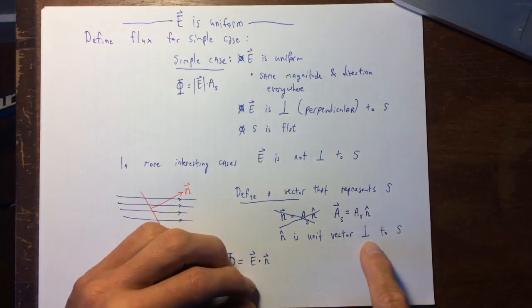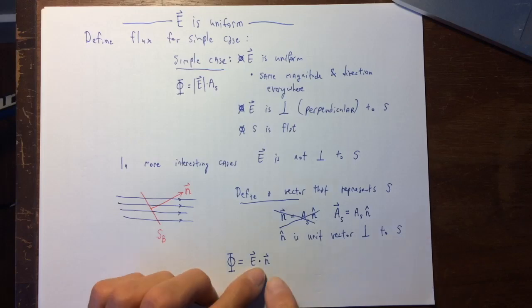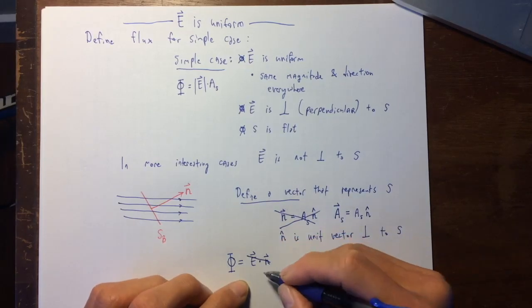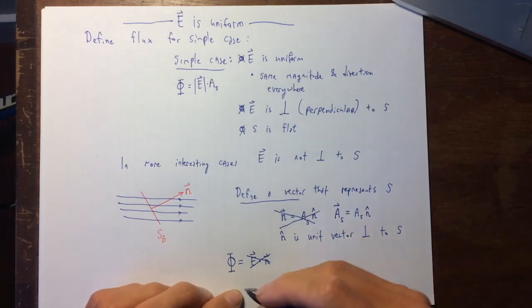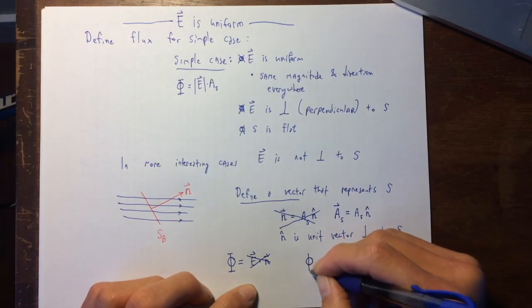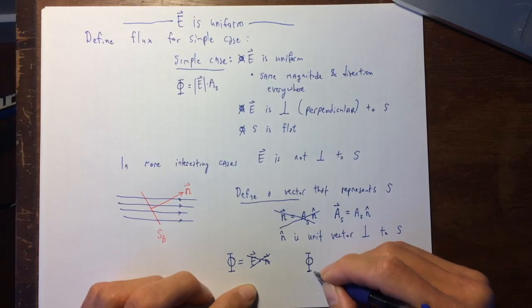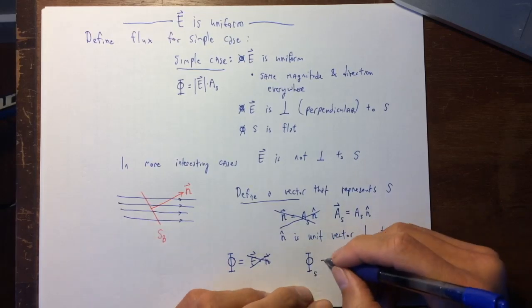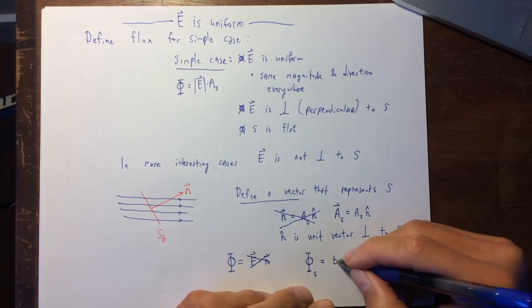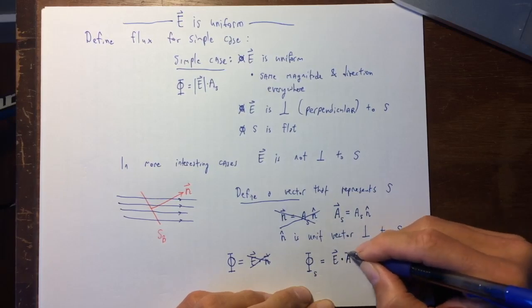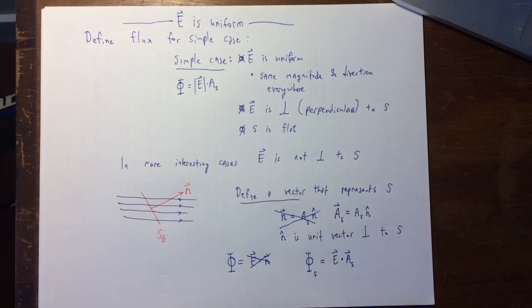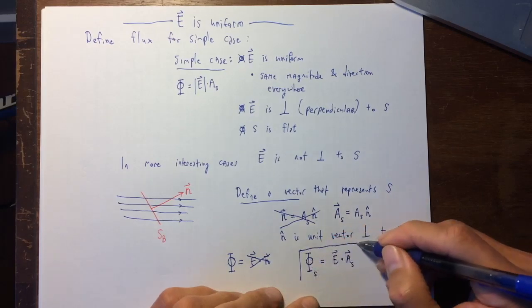It's the unit vector perpendicular to S. And instead of writing the flux this way, because we no longer have an n vector, we have an A sub S vector. So the flux through the surface S is equal to the electric field dotted with the A vector that represents S. So this is a big deal.